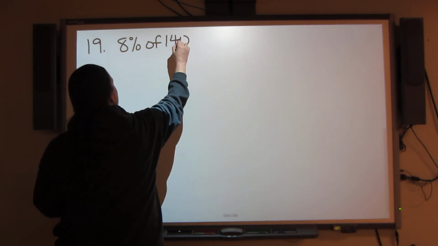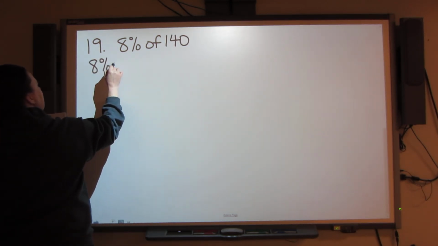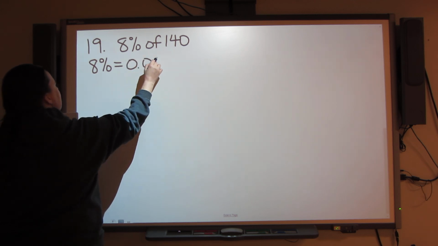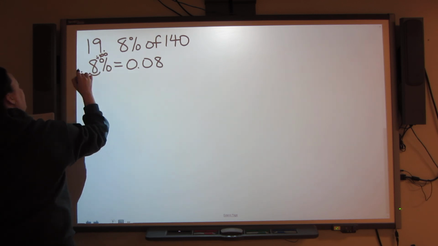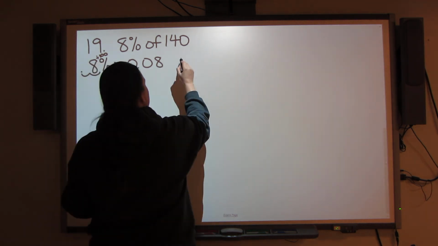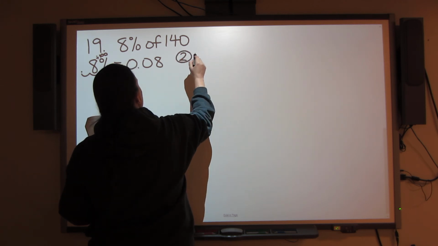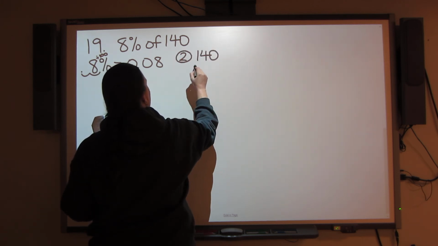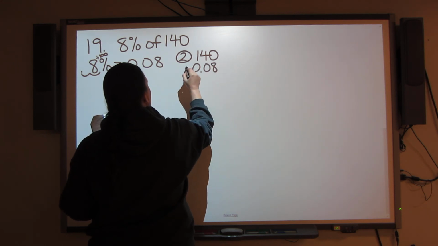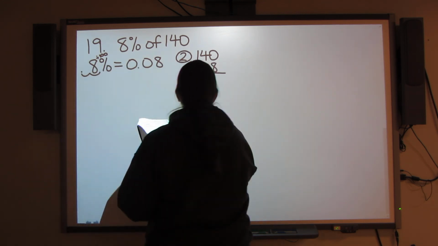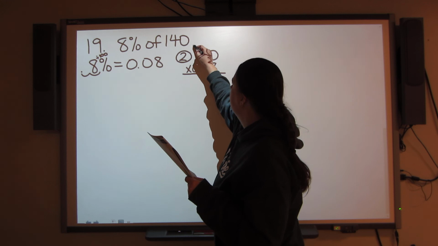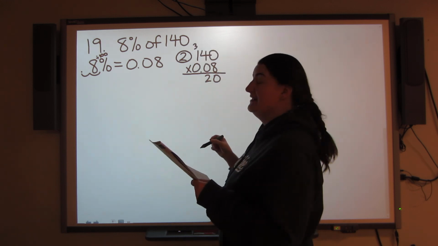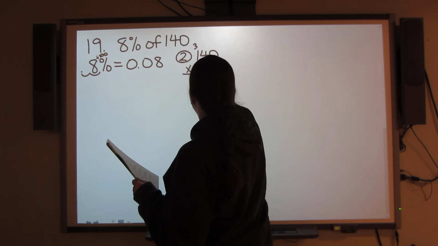So I've got number 19: 8% of 140. First, 8% equals 0.08, which we know because when you divide the percent by 100, you get a decimal. That's step 1. Step 2, I take my 140 and my 0.08 and I times them up. 8 times 0 is 0, 8 times 4 is 32, carry your 3. 8 times 1 is 8, plus the 3 that you carried is 11.